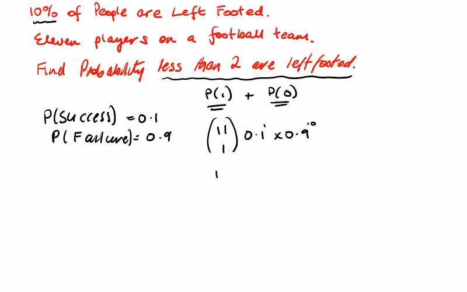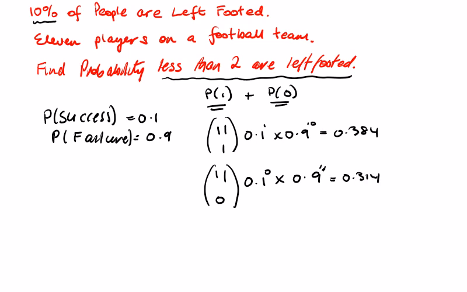And then for 0, we're looking at none of them to be chosen. So 0.1 to the power of 0 by 0.9 to the power of 11. We want them all to be right-footed, all 11 of them, the whole team. So if I do these out and get my decimals, 0.384, and this one here on the calculator, 0.314.